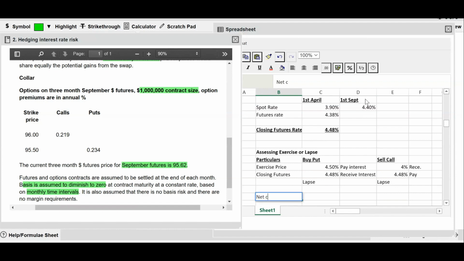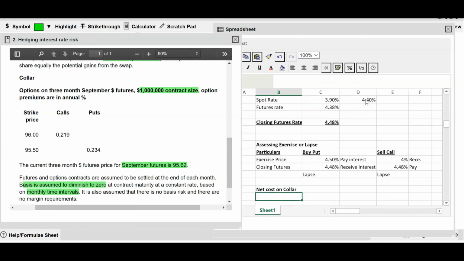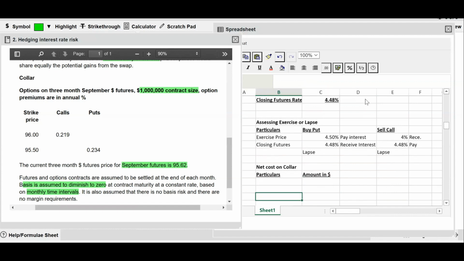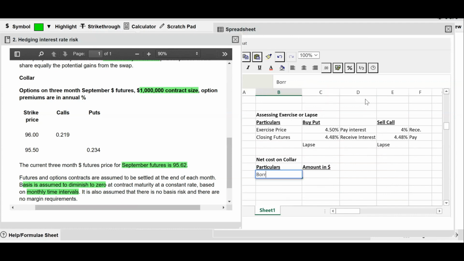So the net cost on collar, what is it? It's going to be the particulars and the amount in dollar. Borrowing cost, what's going to be the borrowing cost? 36 million into, we're going to lapse, so the rate at the end is, what is it?